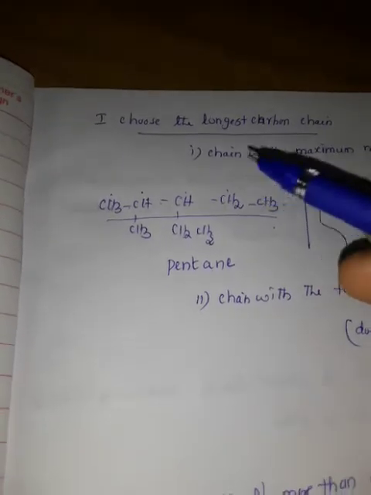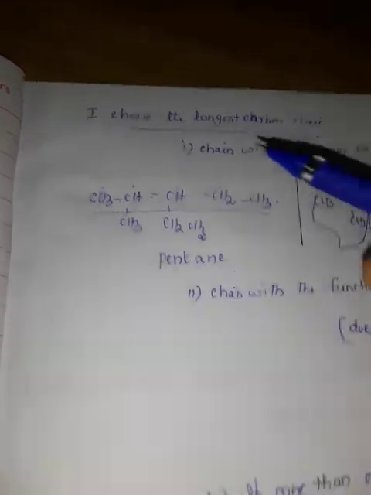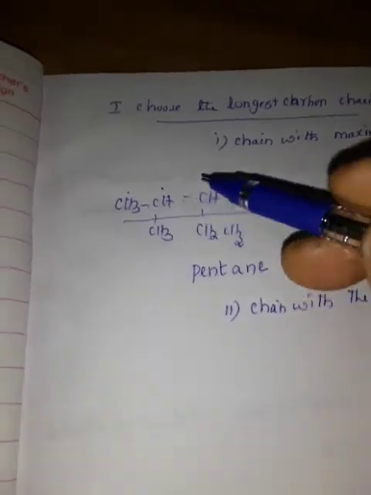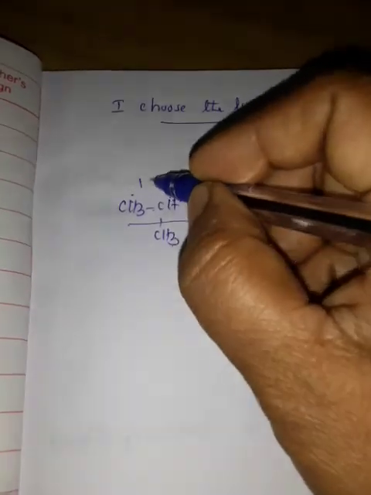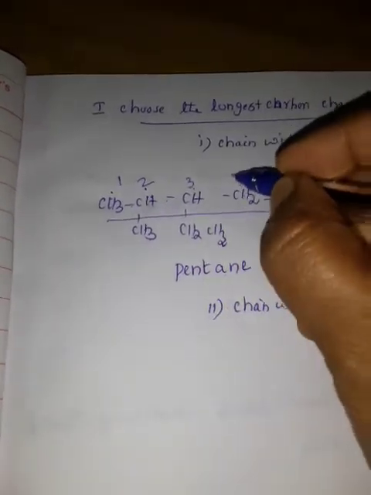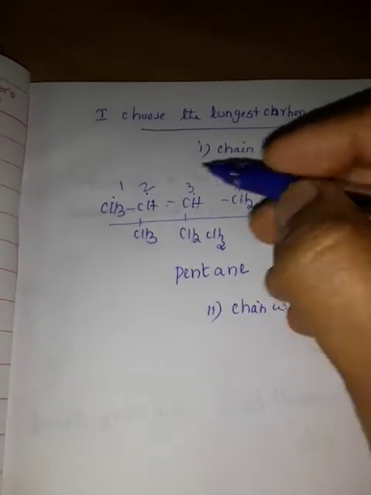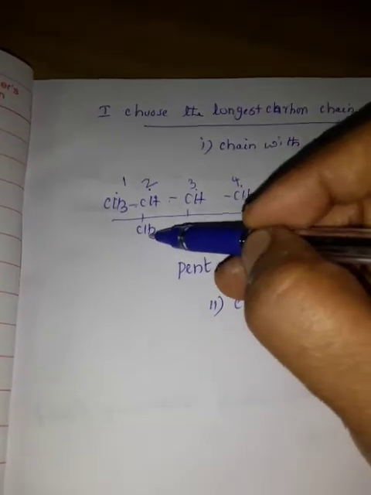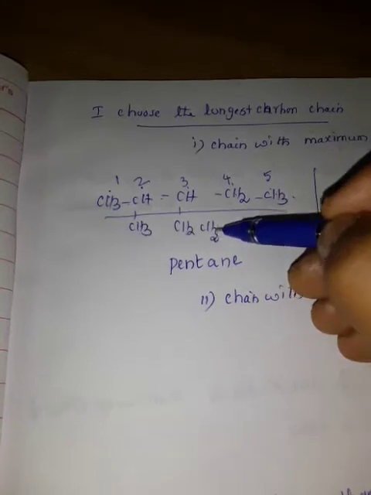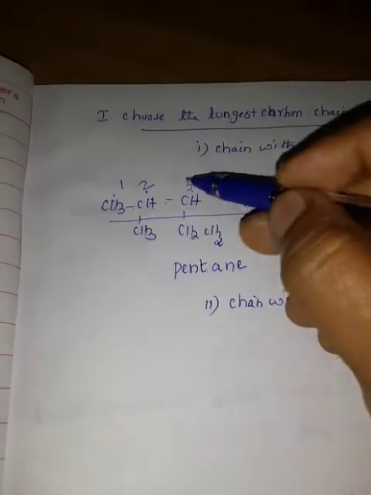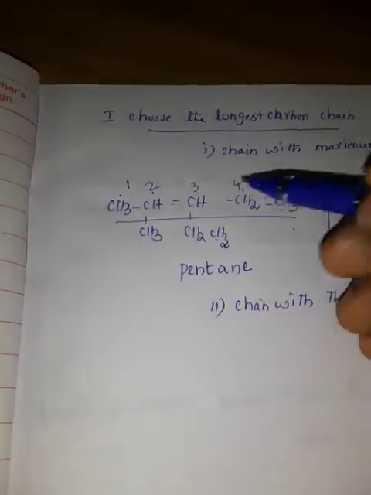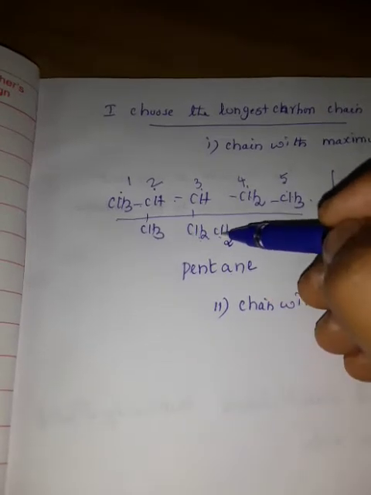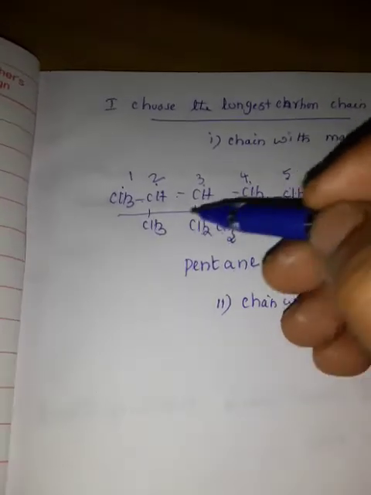Then you have to go for the prefix. Prefix means substituents. Here there are two substituents. This is the first carbon, second, third, fourth, fifth carbon. The second carbon has a methyl group, the third carbon has an ethyl group. If there are two substituents, follow alphabetical order: ethyl comes first, then methyl.